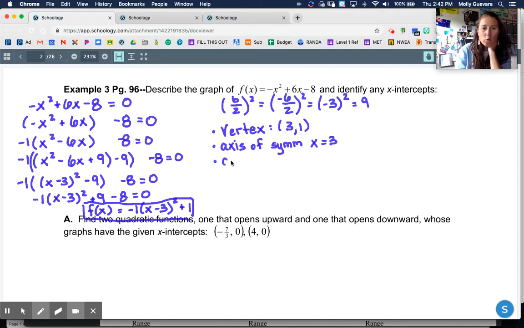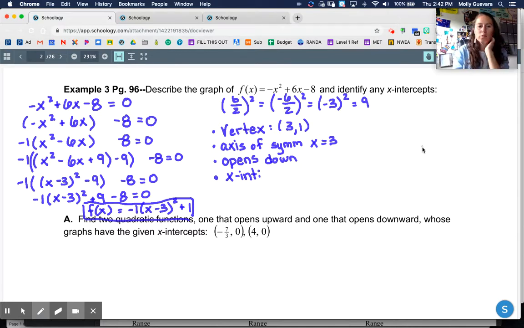This opens down, and I know that it opens down because my a is negative. And there's no vertical stretch or compression because a is 1, right? So a is 1, it's just negative. But then the other thing, it wants me to find the x-intercepts.